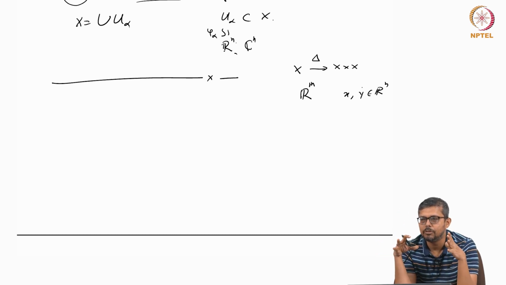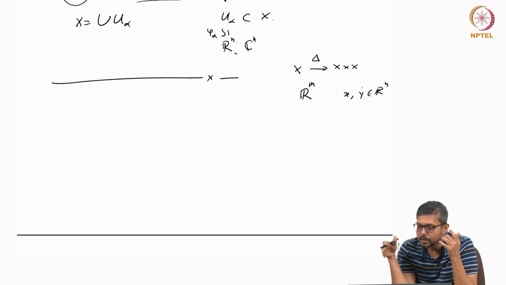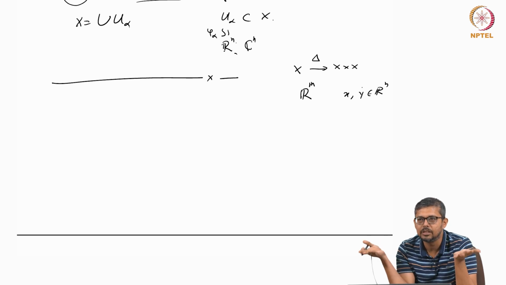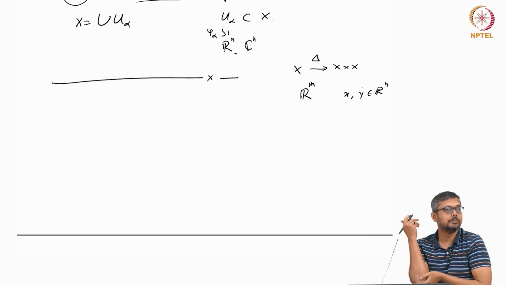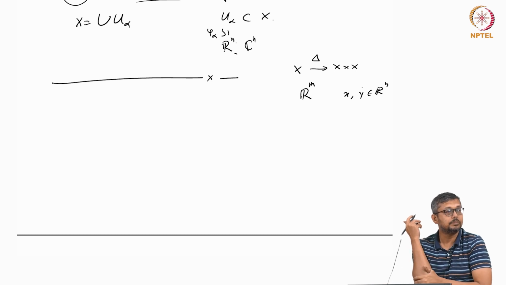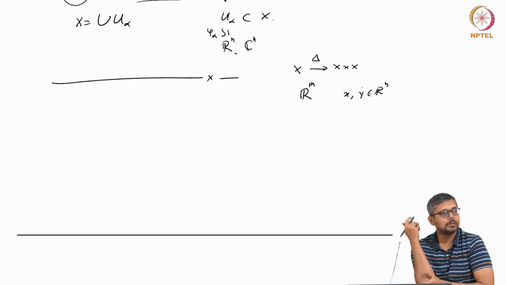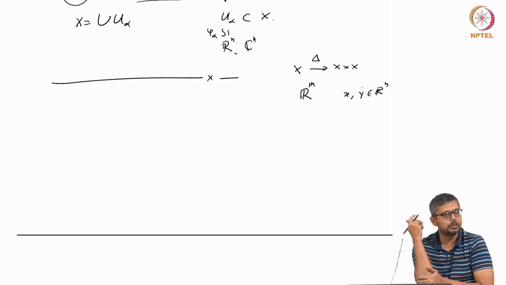So Hausdorffness is not a good condition for the Zariski topology. But there is something called separatedness, which is the analog of Hausdorffness in the variety case. An open subset of an irreducible set is always dense.